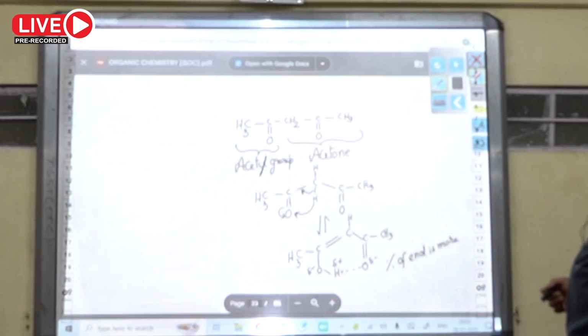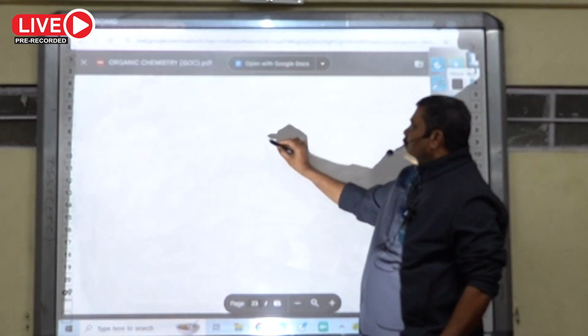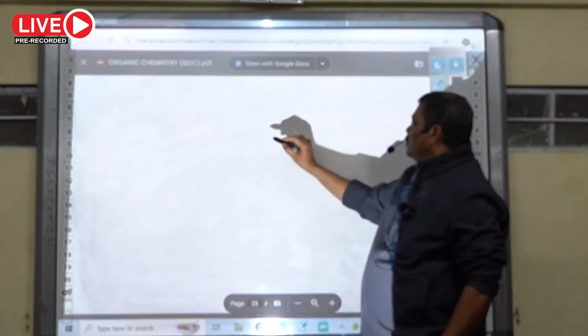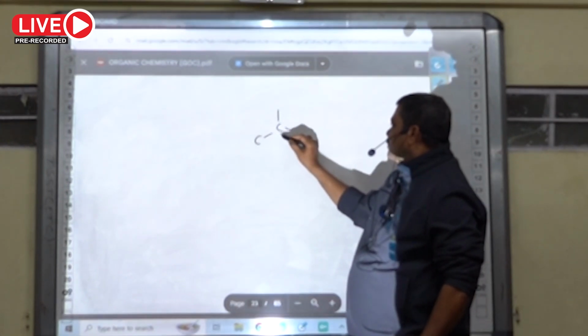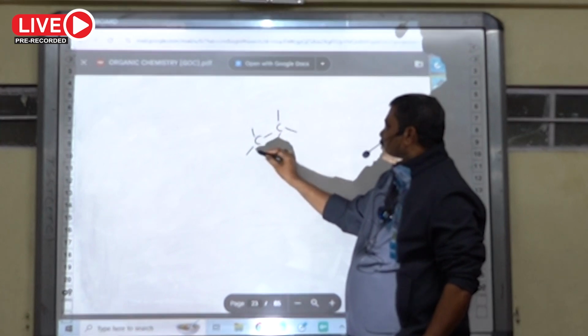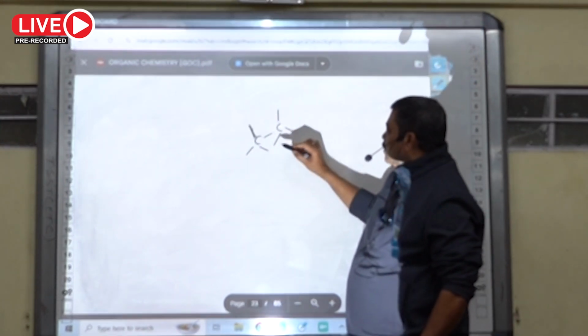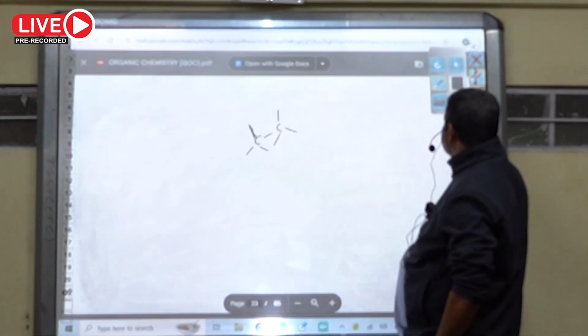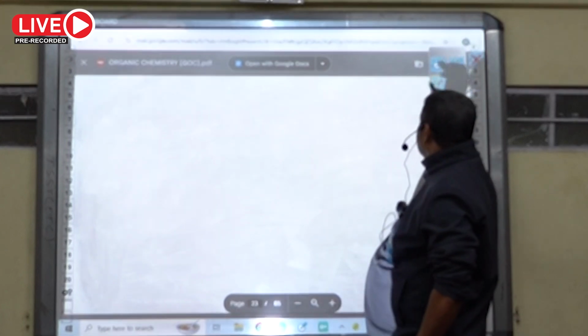So, for example, if you take the example of ethane, the molecule is viewed sidewise, or I can write it in a better way.